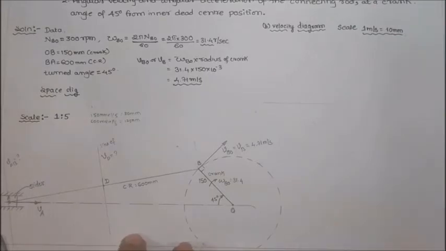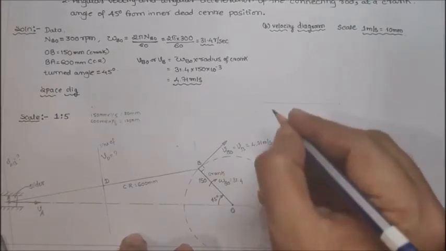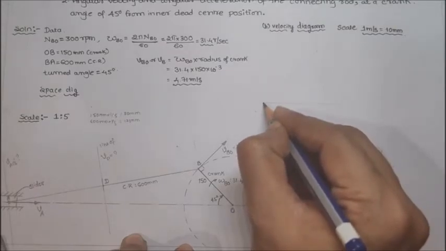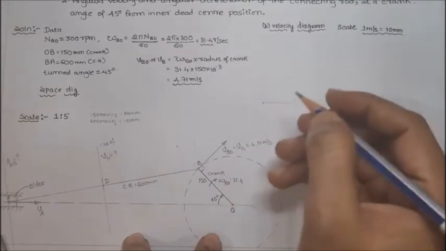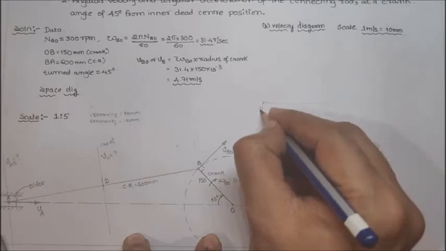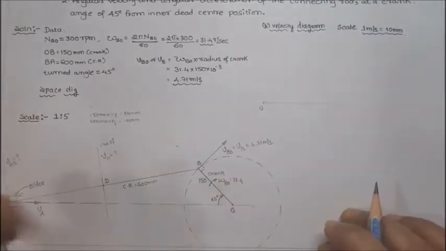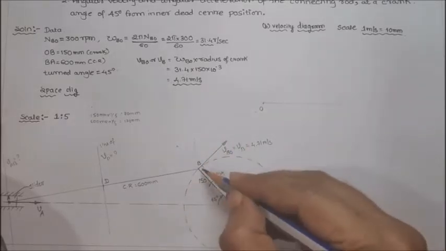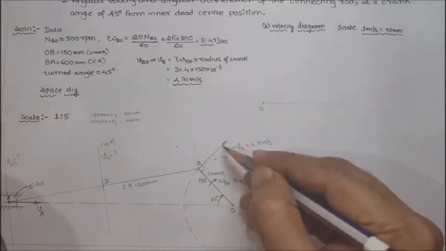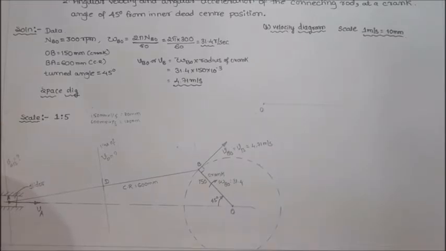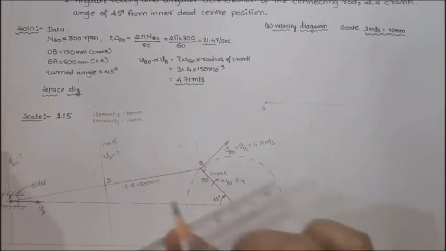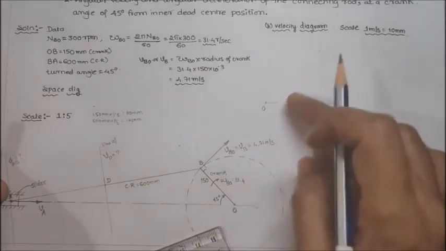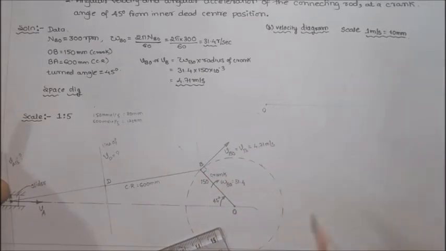Next we require one particular area. We will identify one point, and that point we will name O. From this we know the known velocity, and this direction we know. From this itself we can draw. It is always convenient that you measure and do. If not, you can do it by taking parallels also.